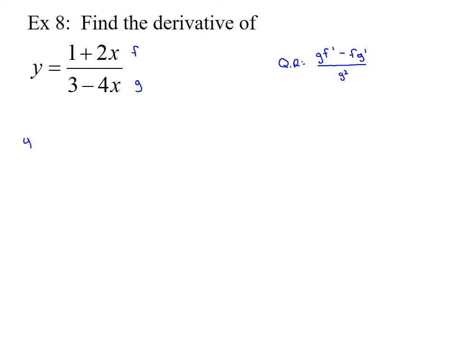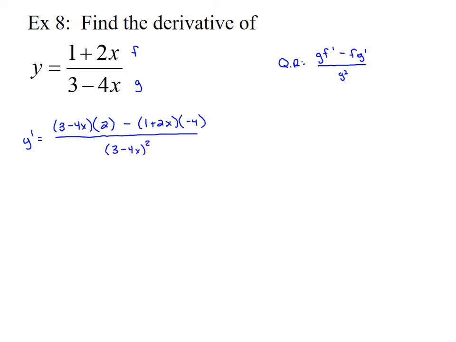So when I go to apply the quotient rule here, this would be g, which is 3 minus 4x, times the derivative of f, which is 2, minus f times the derivative of g, which is negative 4, all over g squared.